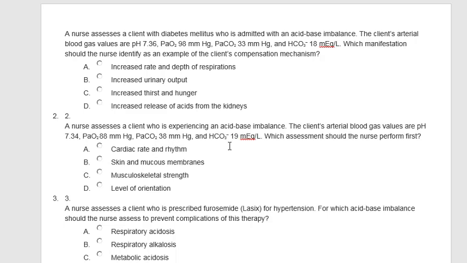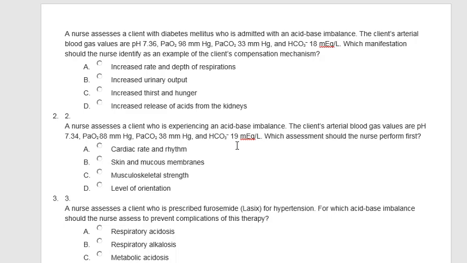And then we have a bicarb of 19. 22 to 28 is normal. This bicarb is low. So this is a metabolic, because we're talking about the bicarb being out of range. Acidosis, because we've got an acidotic pH. The CO2 is in range, so it's not the lungs that are causing the problem. It's something with the bicarb, some kind of metabolic problem. We have a metabolic acidosis.